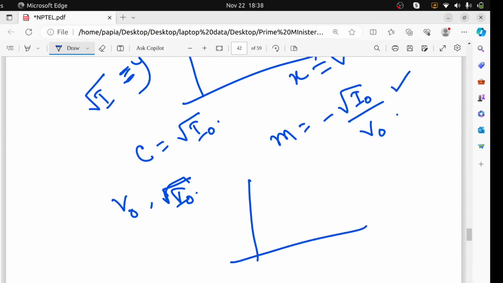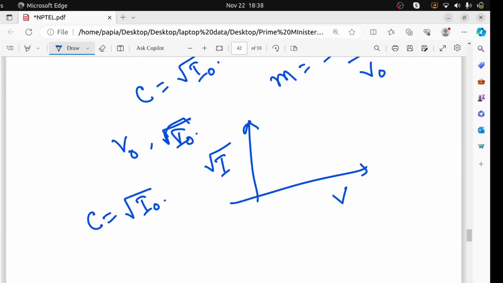So I can have the answer from this. If I plot root over I and V, then the intercept will give us the root over I0 value and the slope will give us the minus root over I0 by V0 value. But in the question the x-axis V square is there. X-axis?